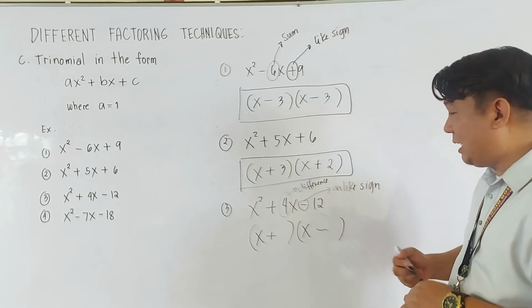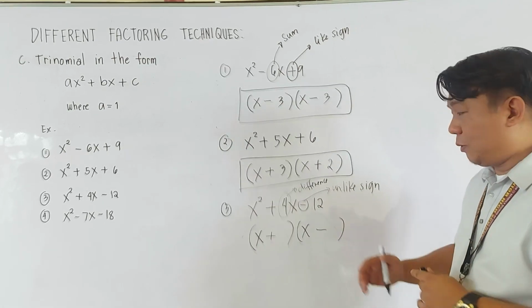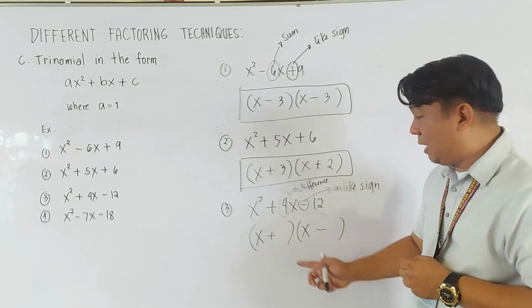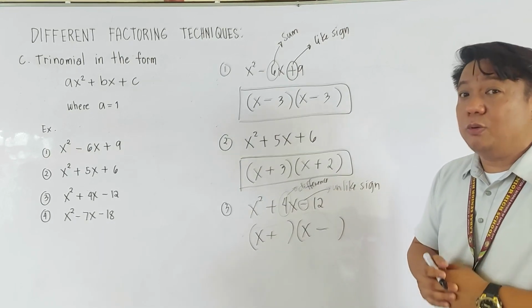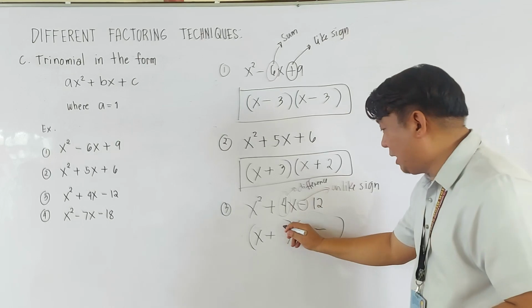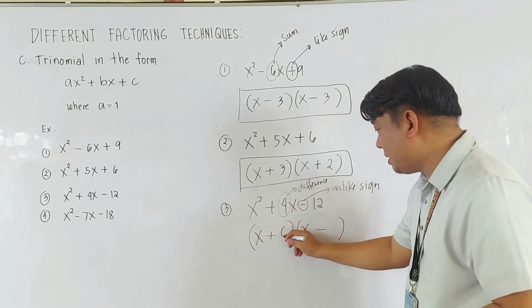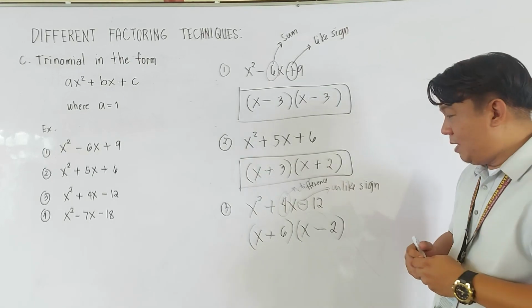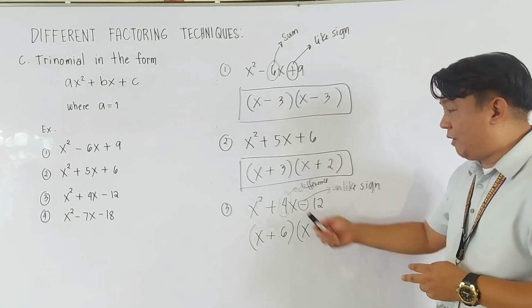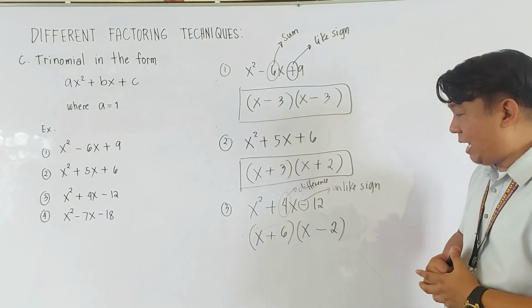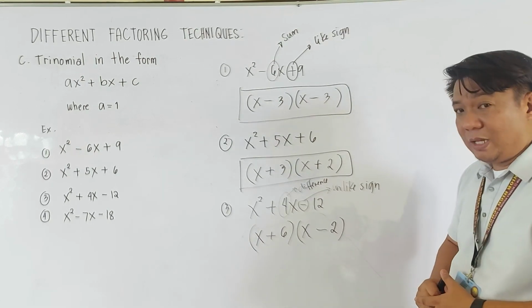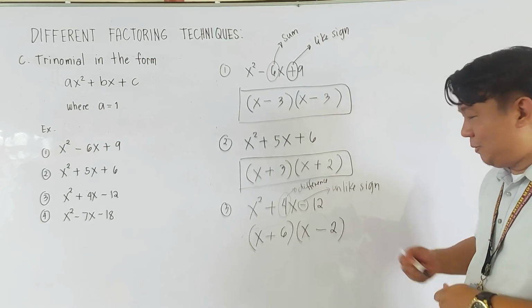Ang tanong, saan natin ilalagay si 6 and 2? Dahil ang sign natin ng middle term ay positive, ibig sabihin, nasa kanya yung larger factor. So, dito natin ilalagay si 6 at dito natin ilalagay si 2. Okay? So, our factors of x squared plus 4x minus 12 is x plus 6 times the quantity of x minus 2.